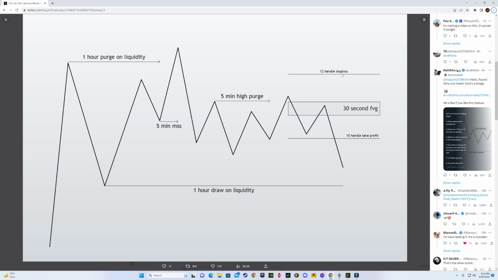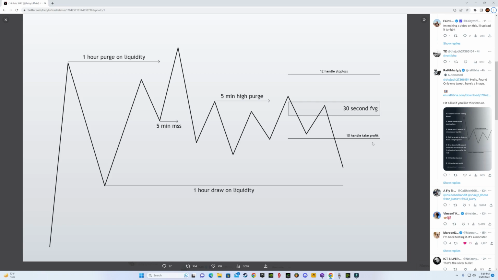So in terms of S&P 500, he would take his entry here, put his stop loss at 12 handles, and he would target 10 handles. So that is basically a negative RR, but ICT said that it works. It has above 80% strike rate. So even if you have a negative RR with this strategy, you will still be extremely profitable.